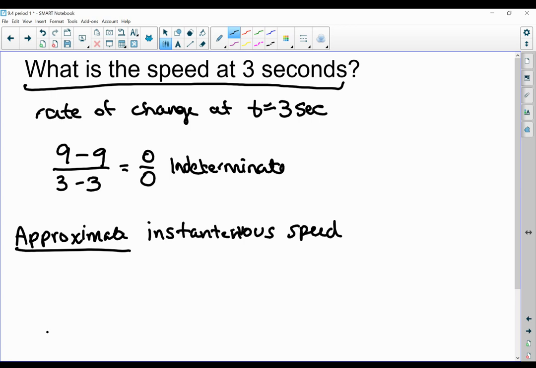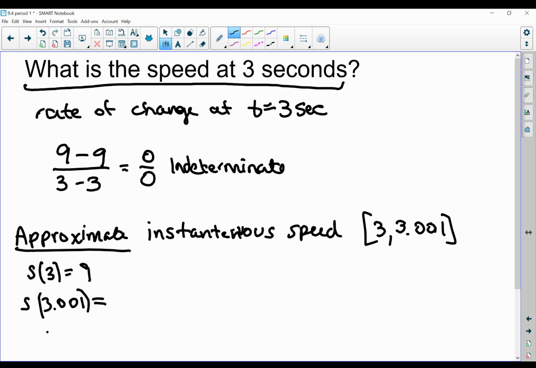So to find the instantaneous speed here, what I would do is take a time like 3, and maybe a time like 3.001. Or I could go 2.999 to 3, or 2.999 to 3.001. I would find my position at 3, which I've done, and my position 1,000th of a second later, so get my handy dandy calculator out.